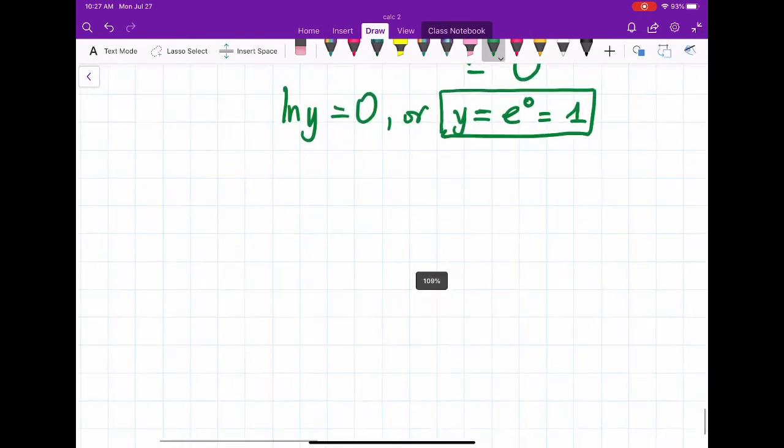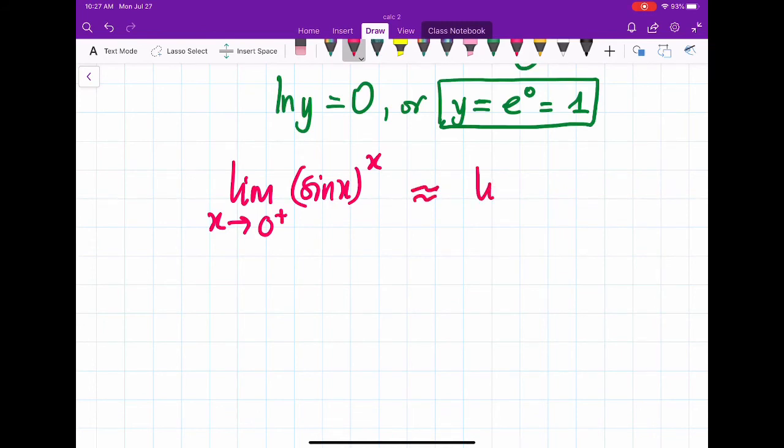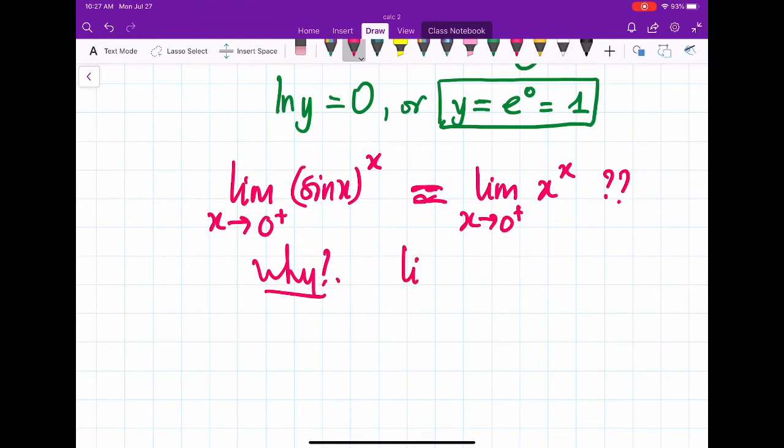In the textbook, you might see the following example. Limit of sin of x to the x, x approaches 0 from the right. So how do you think? Can we write this limit is just equal to limit of x to the x when x approaches 0 from the right? Why? Because of this.